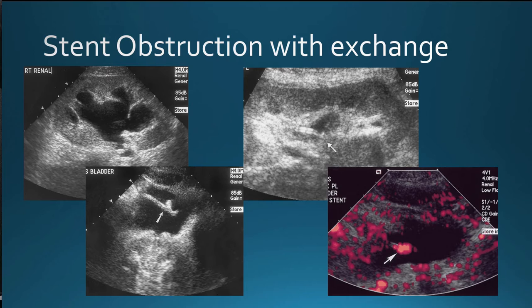In other words, there can be significant hydronephrosis without stent obstruction, particularly in the setting of an ileal conduit. And even the opposite holds true. There can be a decompressed, non-hydronephrotic kidney that is actually obstructed, depending upon the length of time of the obstruction.